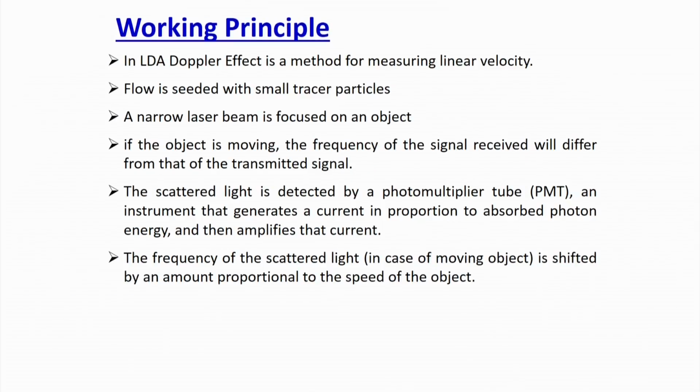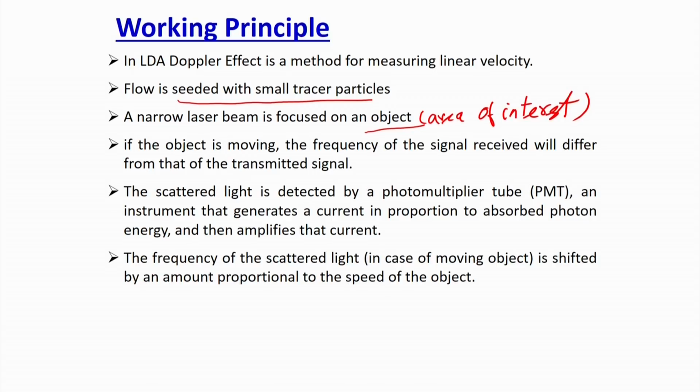So, what you need? We are using the Doppler effect to calculate the velocity. We need seed particles which are small enough to track the motion of the fluid phase whose velocity we want to map. We incident a narrow beam of light on the area of interest or an object, and if that object is moving, or the particle which you have seeded, once they pass through that measuring volume or the area of interest, what will happen?